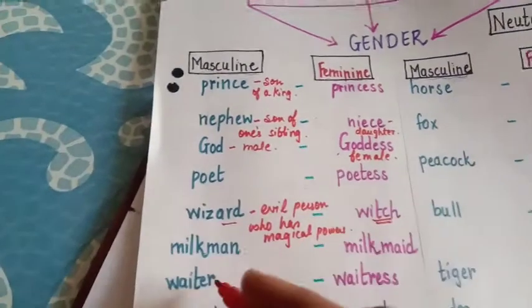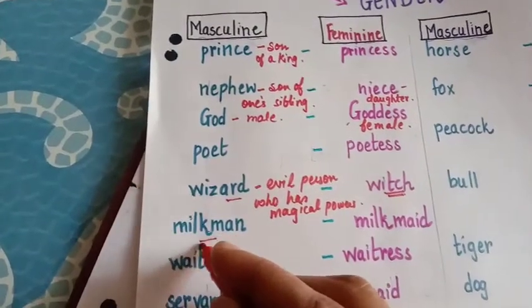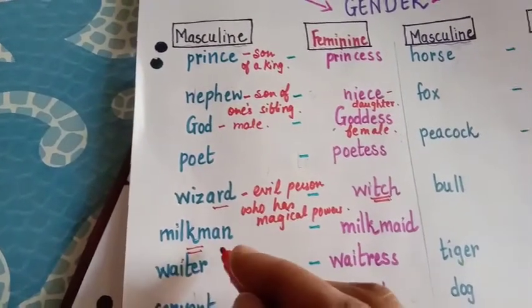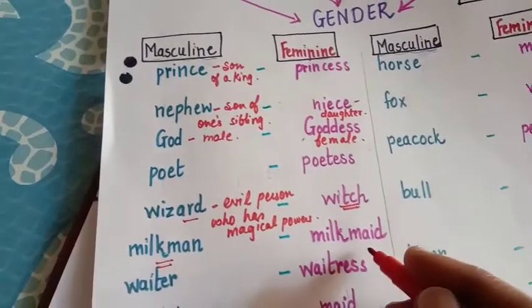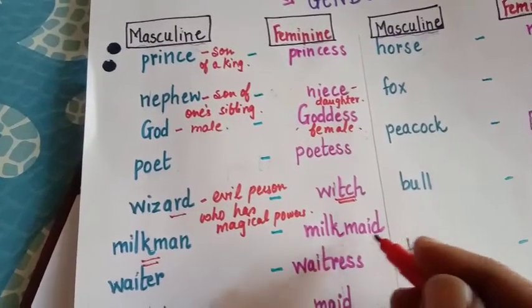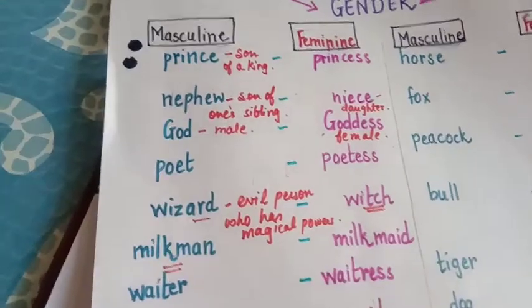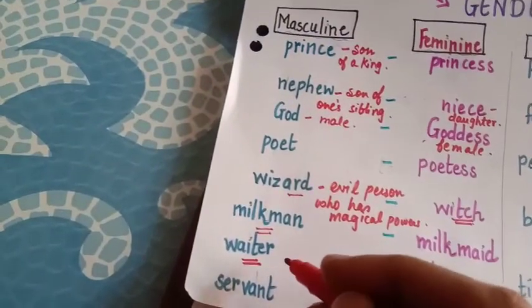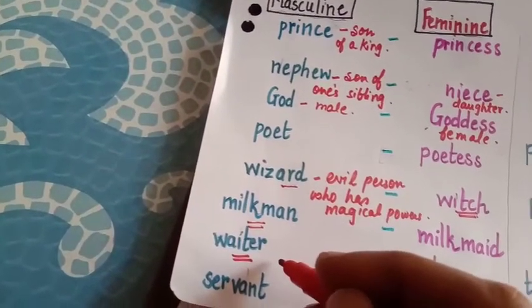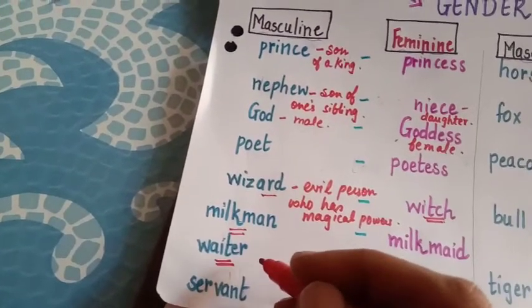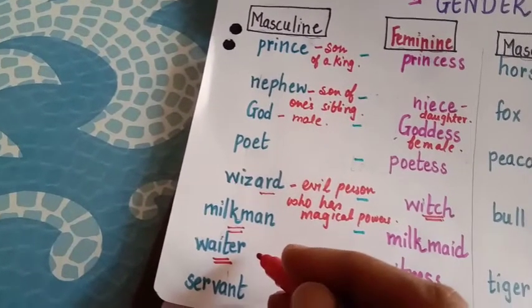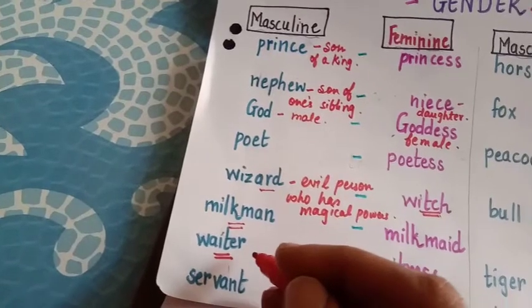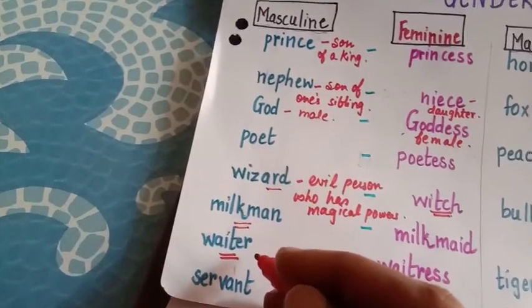Okay. Next we have a milkman who delivers us milk. If a lady comes to deliver milk, we call her milkmaid. Next is a waiter. Now, who is a waiter? A waiter is a person who works in a restaurant and serves us food, and whenever we need anything, he serves us.